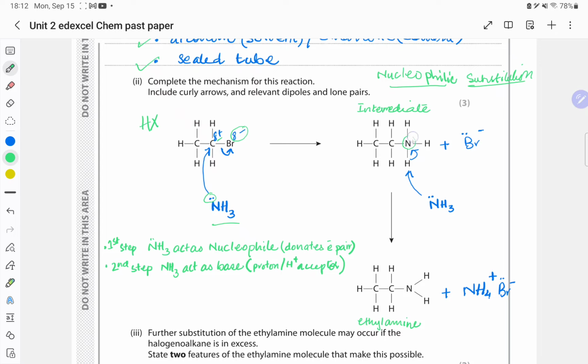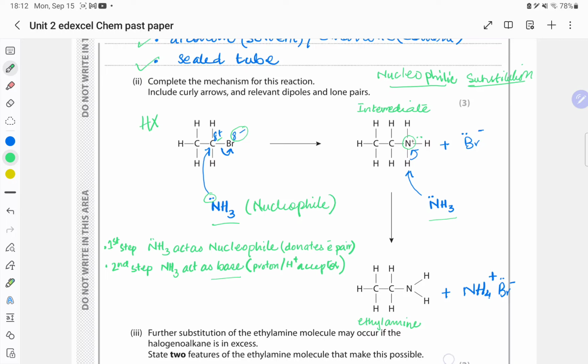This positive charge is because the nitrogen has become electron deficient, as its lone pair has been utilized in this bond. Then this NH4 group now acts as a base. Initially it was acting as a nucleophile.